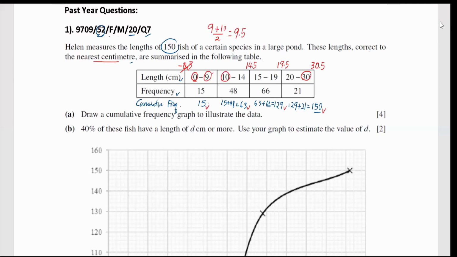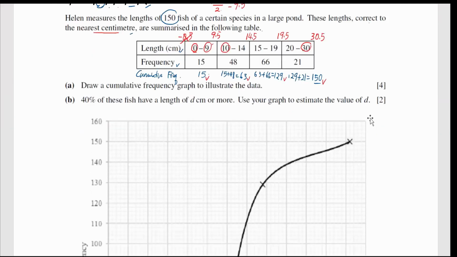Once we have found these boundaries, we have the data and we need to draw the cumulative frequency graph. Let's see the answer given here. For the first point that we need to plot, the first interval from 9.5 cm and below, total how many fish are there?